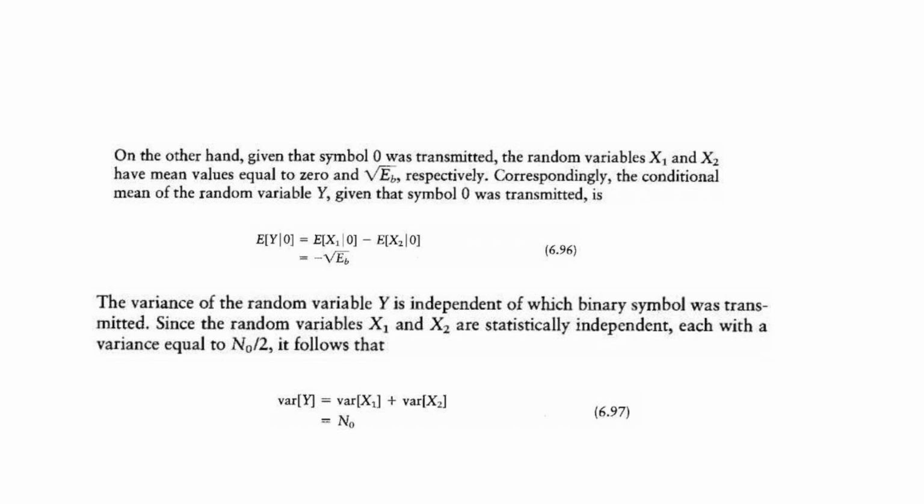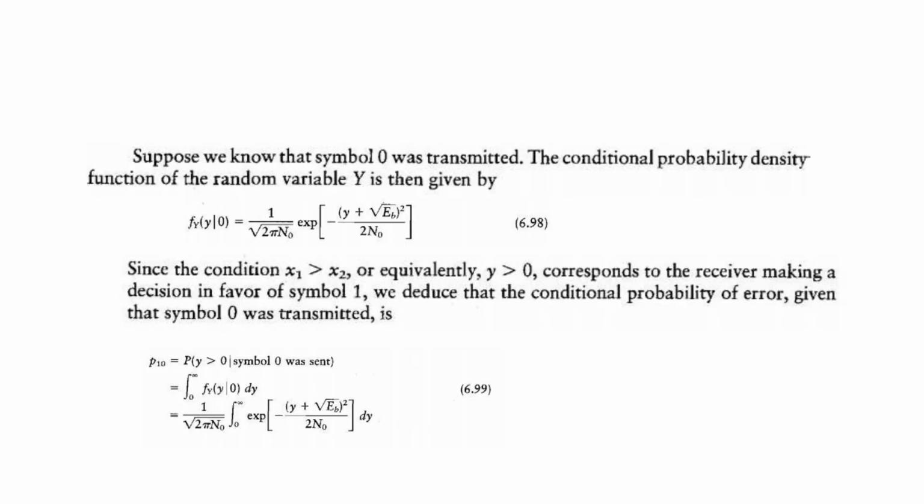Therefore, the conditional mean of Y for symbol 0 is E of x1 minus E of x2, whose value is minus root Eb. Next, we calculate the variance of the random variable Y. Variance of Y is equal to variance of x1 plus variance of x2, whose value is N0.